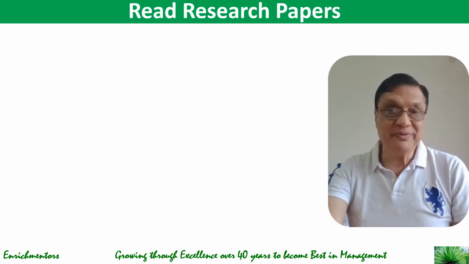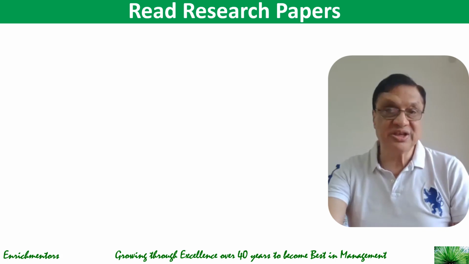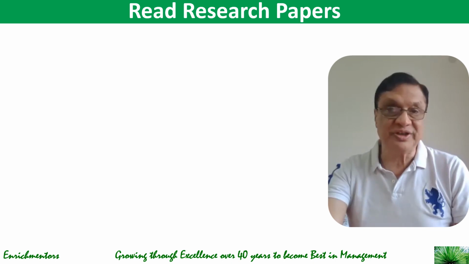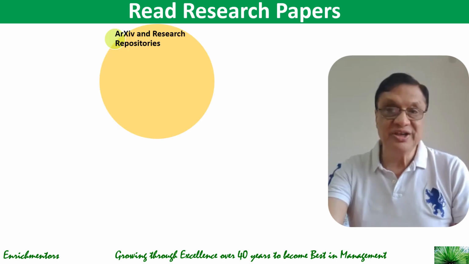Read research papers, and there are two places you can go to: arXiv and research repositories, and conference proceedings. In arXiv and research repositories, you need to regularly check platforms like arXiv for the latest academic papers on machine learning and related fields.